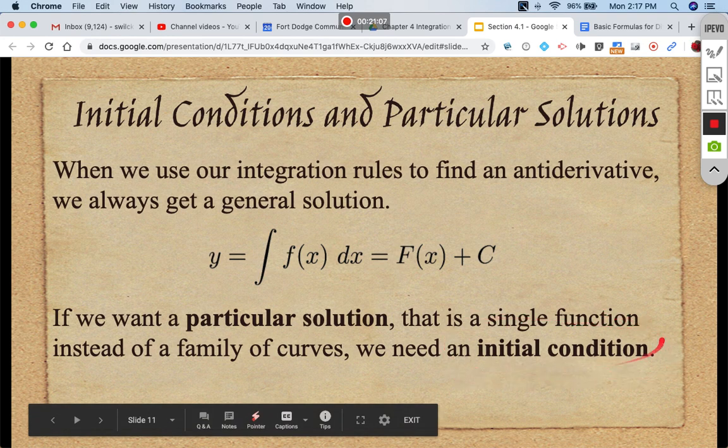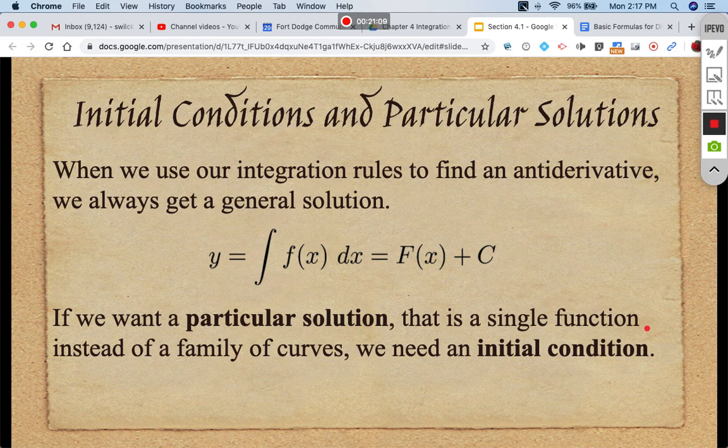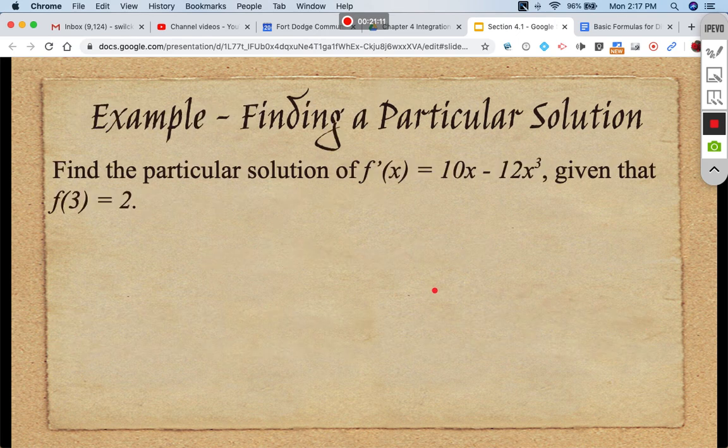We need to say, hey, this is what's going to identify which one I want. So an example here, my differential equation, because it has a derivative involved. F prime equals 10x minus 12x to the third, given that we need f of 3 to equal 2. This is my initial condition.